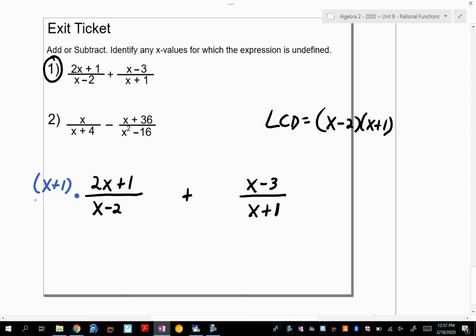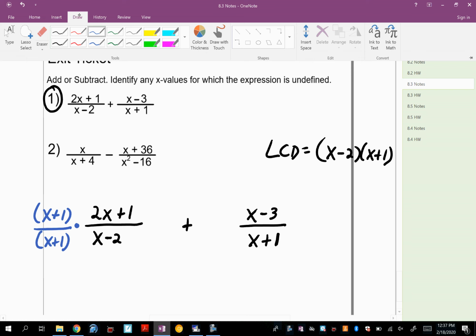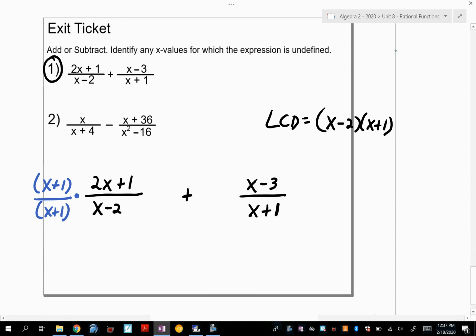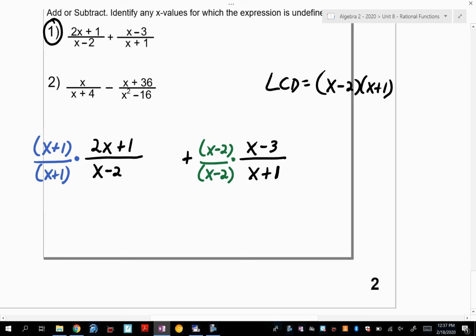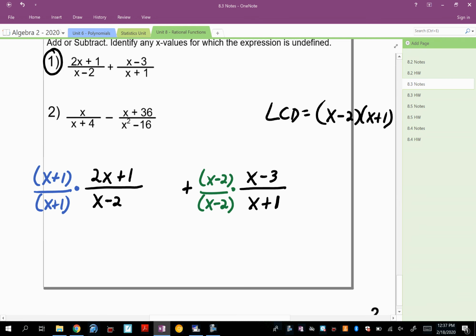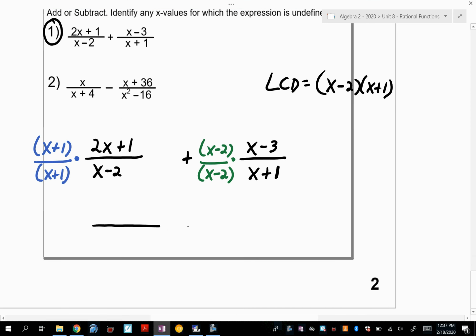In the top and the bottom. Now, I say that every time, but am I actually going to be doing any multiplying in the bottom? No. Now, what about for the one on the right, the second expression? Times x minus 2. Okay? So that means our answer is going to have x plus 1 times x minus 2 in the denominator.